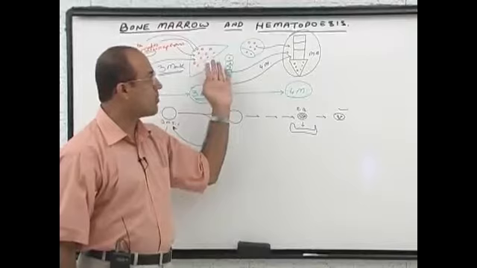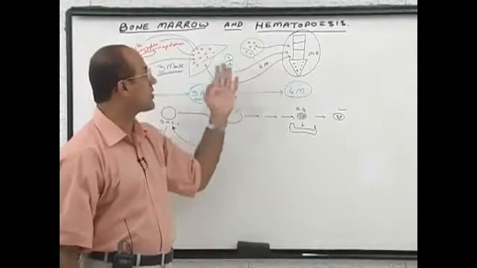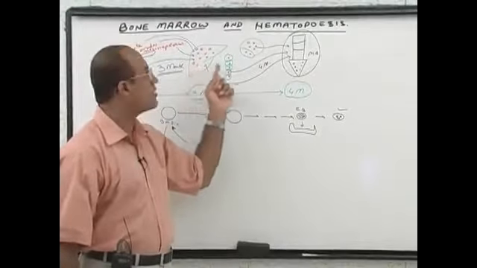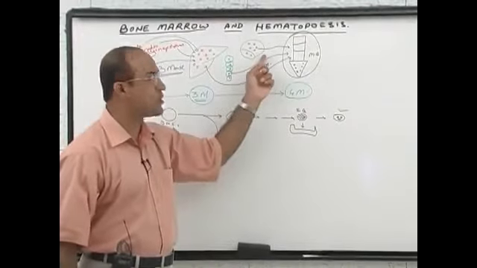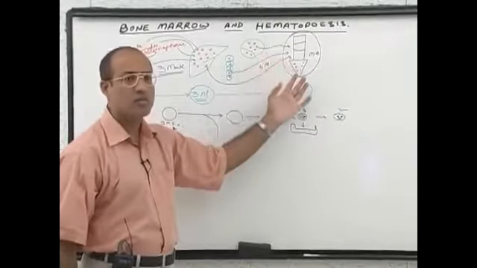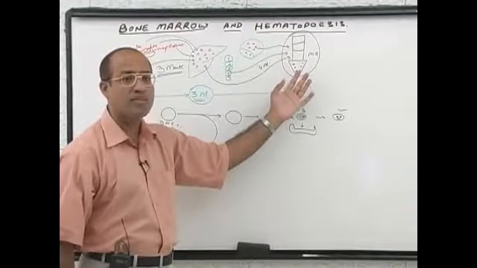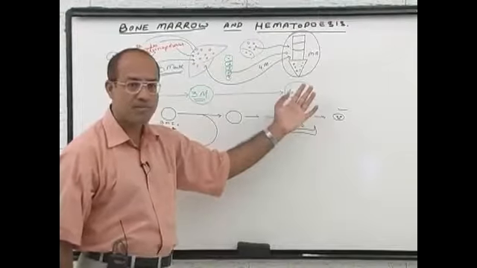By the time of birth, there is no significant hematopoiesis in the liver, no hematopoiesis in lymph nodes, no hematopoiesis in spleen. All the hematopoiesis is going on in the newborn's bone marrow.